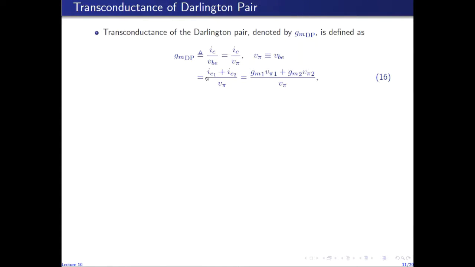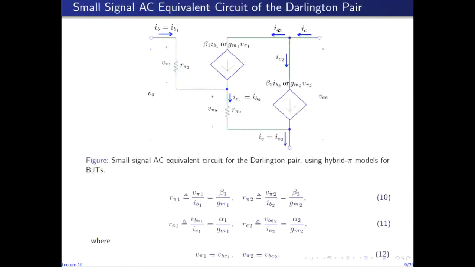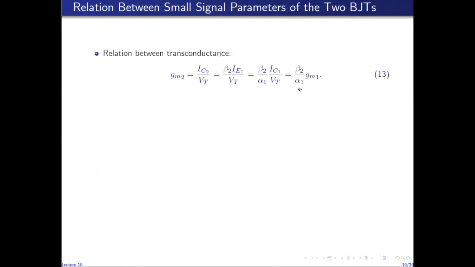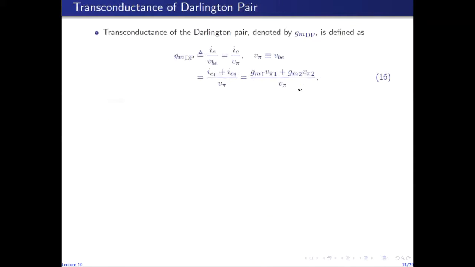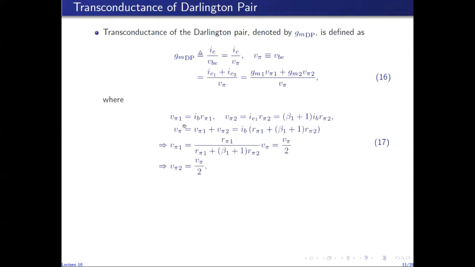So small ic is the sum of the collector currents for the two transistors, which in turn are given by gm1 v pi1 and gm2 v pi2. v pi1 in turn is given by the base current of the first transistor times r pi1. The base current of the first transistor is the total input current, so I write it as IB.